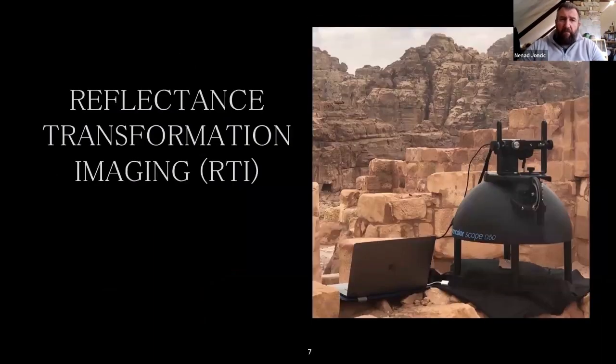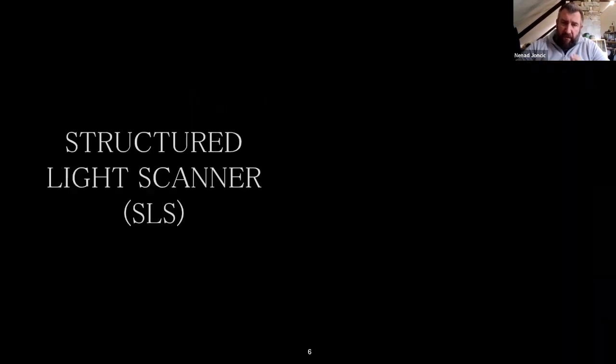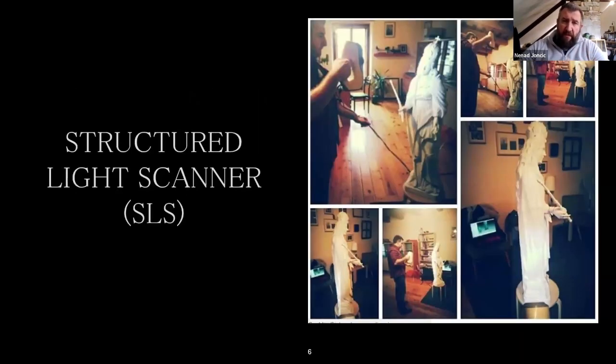Then reflectance transformation imaging works a little bit differently. I didn't explain the structured light scanner: it works with a light source and light patterns, and then creates a 3D model based on that.